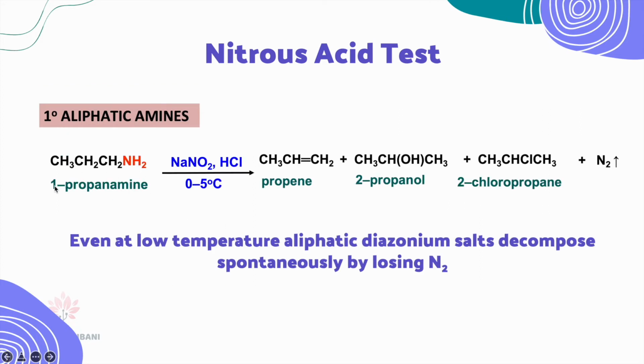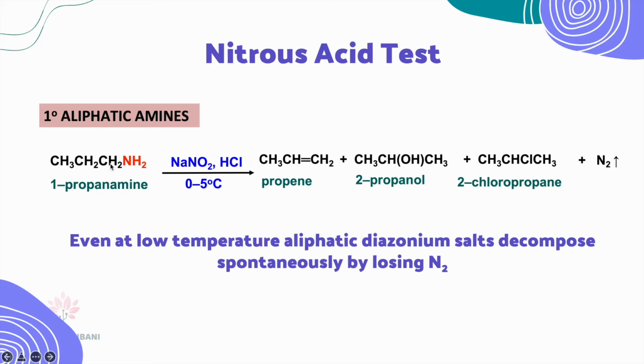This is the example. 1-propanamine, HNO2 prepared in situ, so NaNO2, HCl, 0 to 5 degrees Celsius. The products will be alkene, alcohol, alkyl halide, and nitrogen gas released, arrow pointing upward.